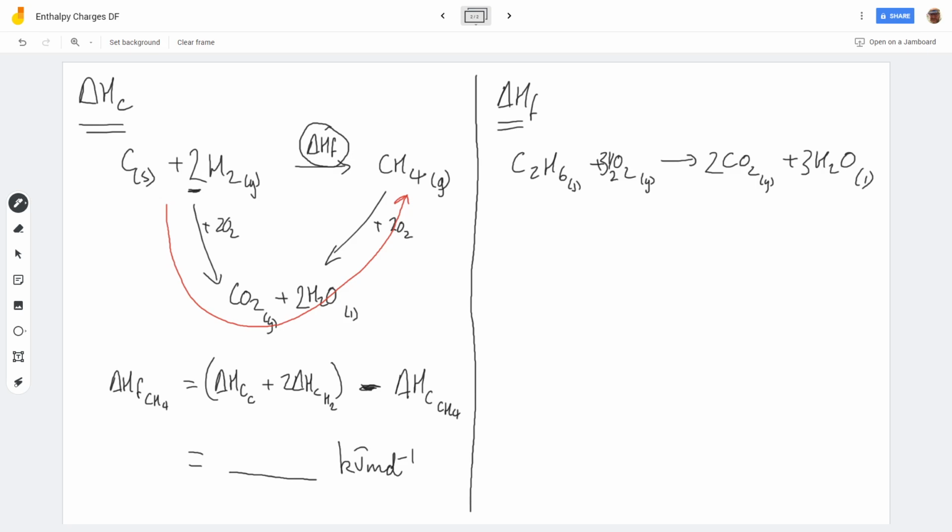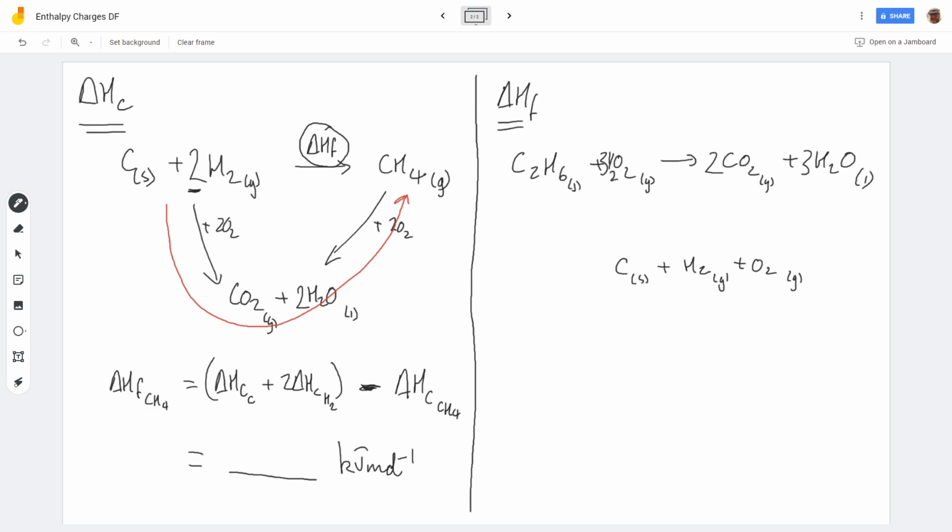And when you've got an enthalpy change of formation calculation, what you've got to imagine is what links these two sides together. It's the elements in their standard state. So we can have carbon, hydrogen, and we've also got oxygen here. So you need to know that hydrogen is H2 in its standard state, oxygen is O2, and carbon is just C, like that.